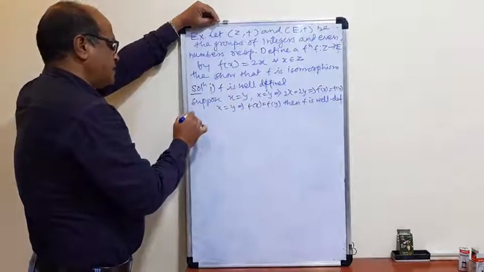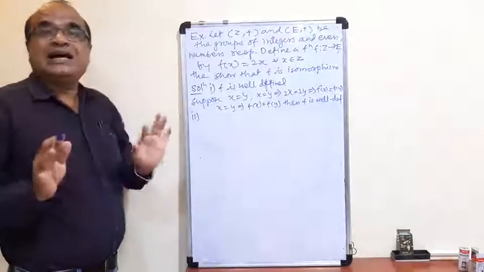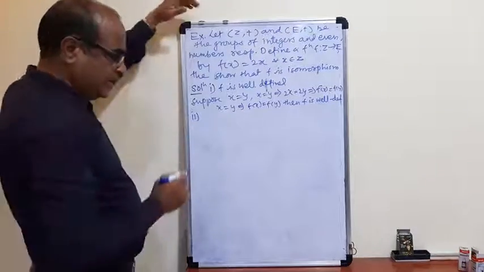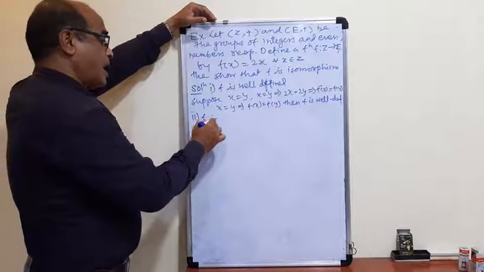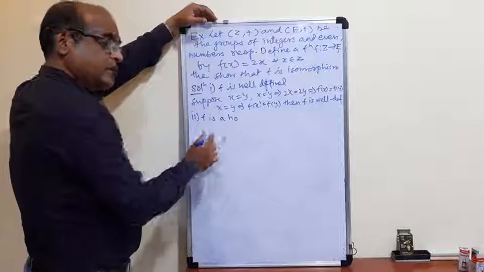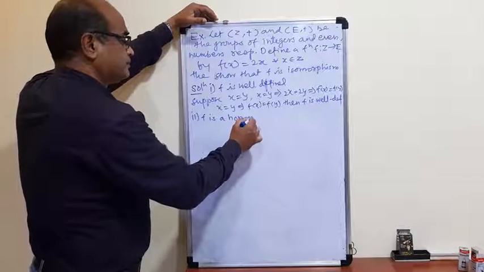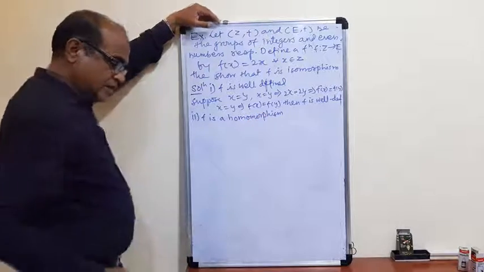Then second, we show that this function f(x) = 2x is an isomorphism. So what is the condition next? By the definition of isomorphism, f is a homomorphism. So what is the homomorphism?